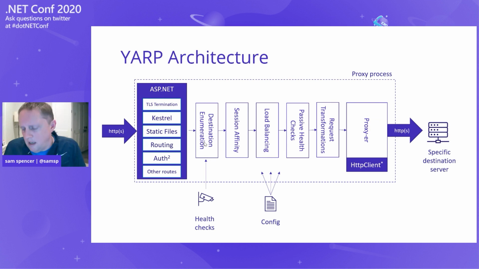We'll do passive health checks as we send the request through. And then on the right-hand side, we use the HTTP client set of APIs as what I'm calling a proxier to go and talk to the specific destination servers. So we're really just built on top of the standard ASP.NET and HTTP client APIs and put together an architecture and flow for how these components work to build a reverse proxy.